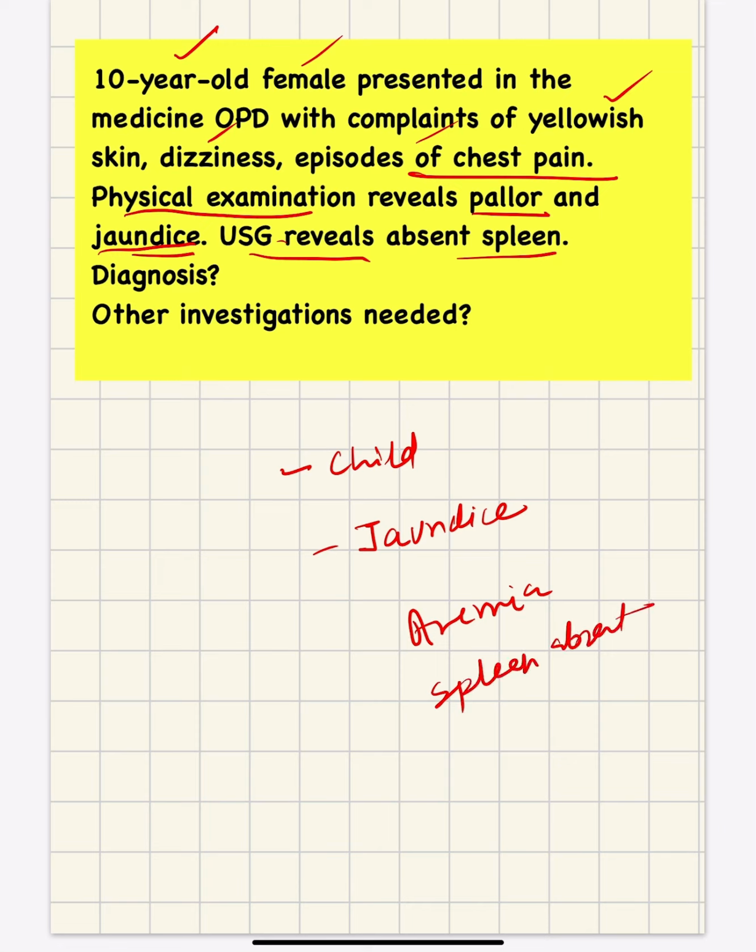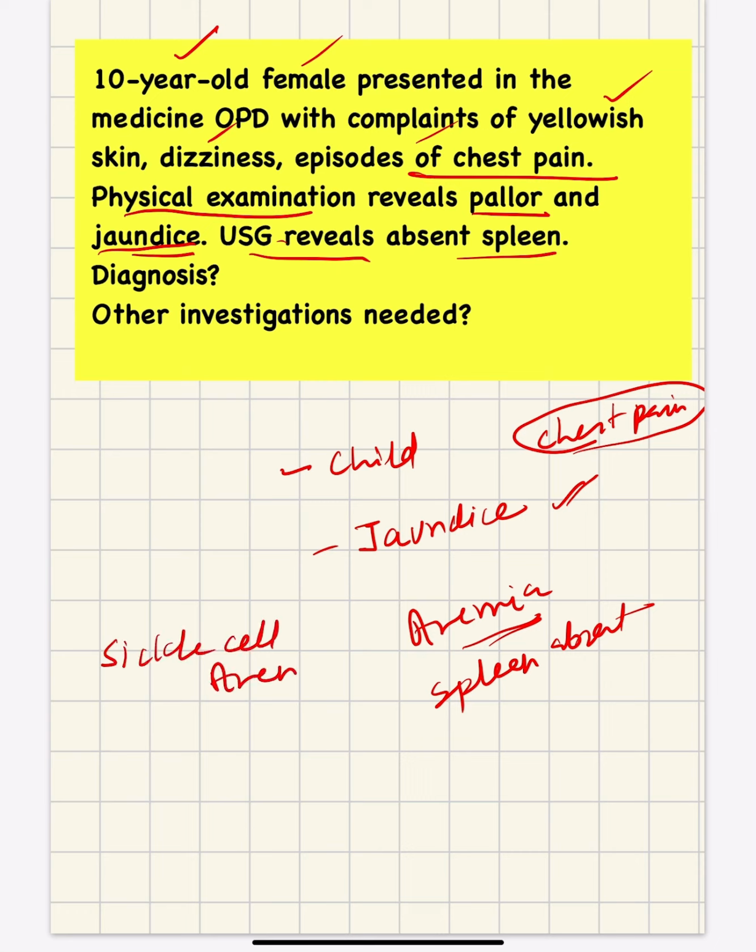So there is a condition of anemia along with jaundice. So we can think that there is some hemolytic jaundice. Then there are episodes of chest pain. So we should think of hemolytic jaundice with episodes of pain. That is seen in pain crisis, in sickle cell anemia.